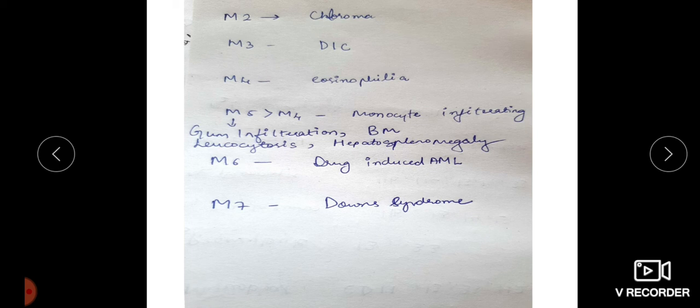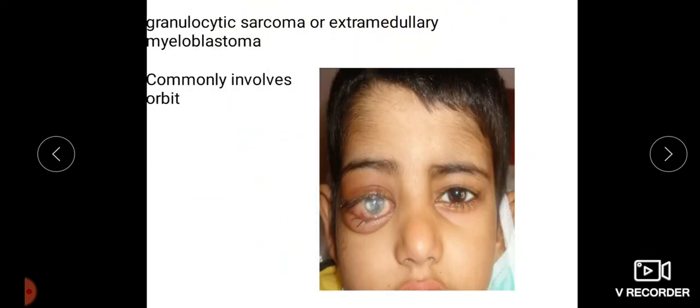M6 is drug induced AML, and this is most important. M7 is associated with Down's syndrome. This is granulocytic sarcoma or extramedullary myeloblastoma, chloroma, which we have studied, associated with M2. It commonly involves the orbit.